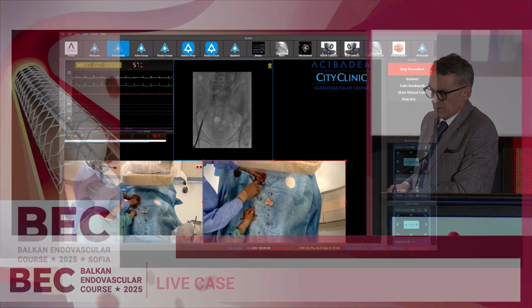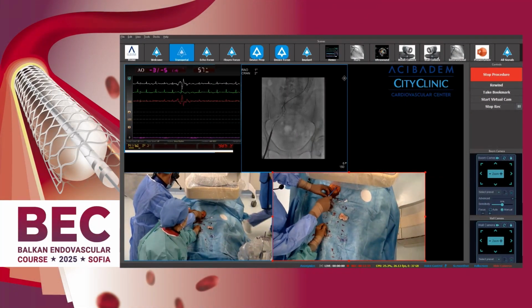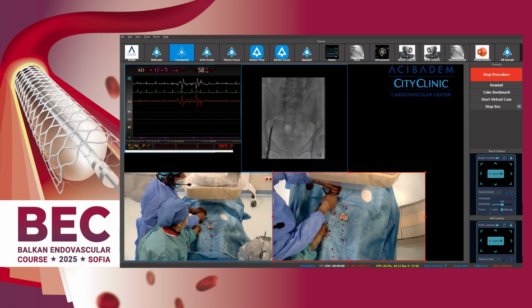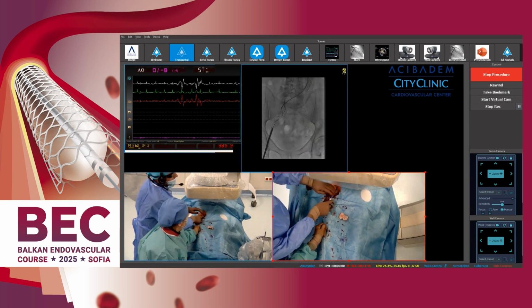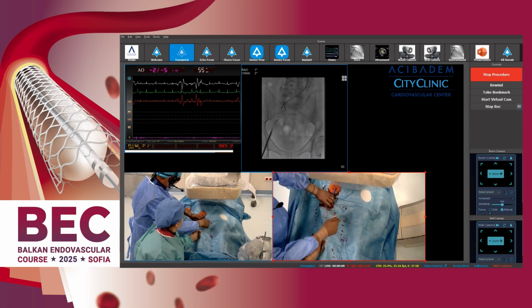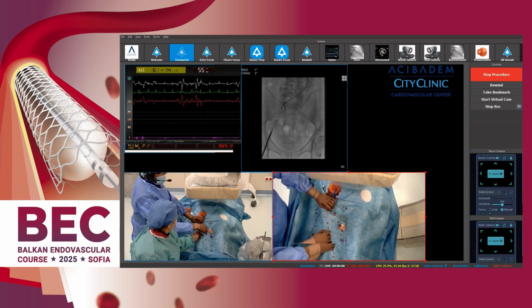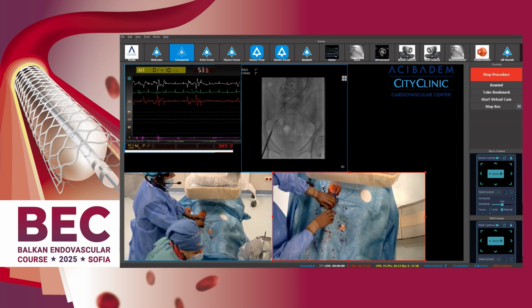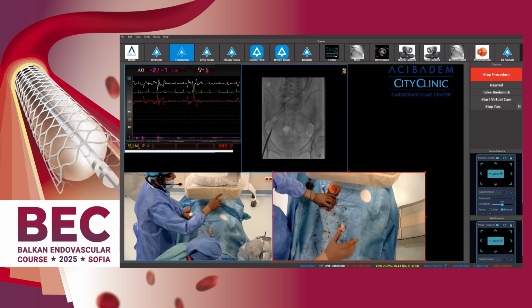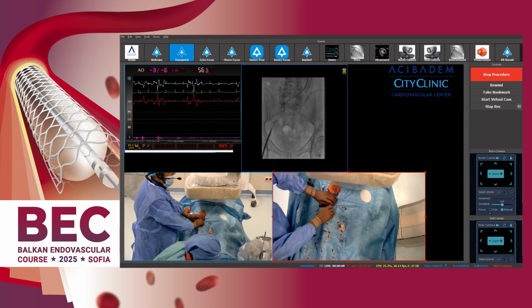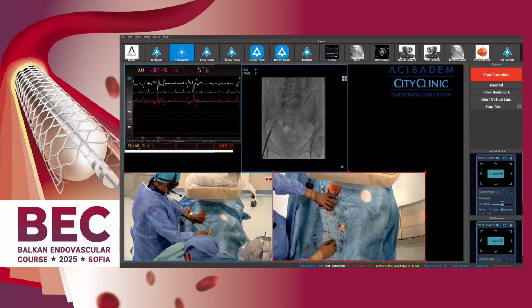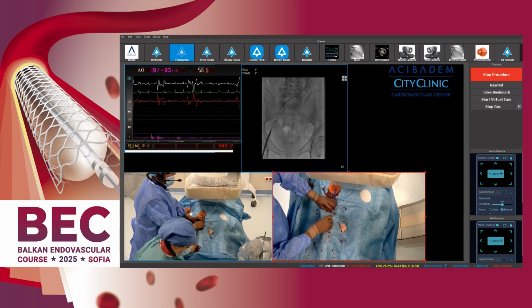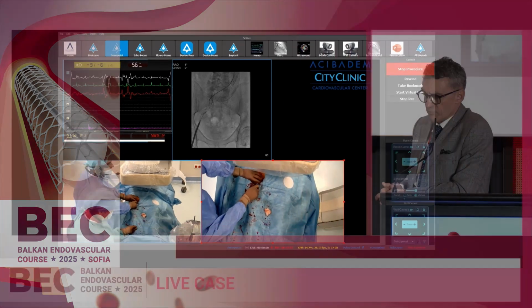Yes, we see still progress. Still there is a resistance there. Something very important: I changed the wire from the Stork. You have to put Lunderquist. No, because I don't have enough space for the Lunderquist, I take Advantage 0.35. Okay, it's also a very good option.